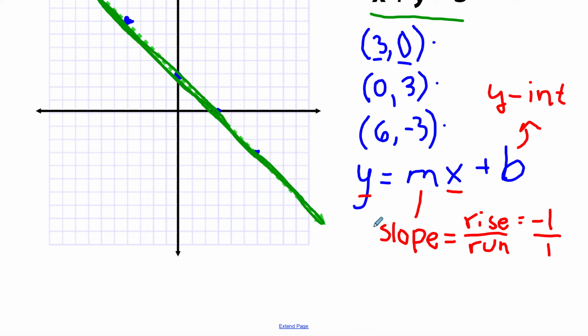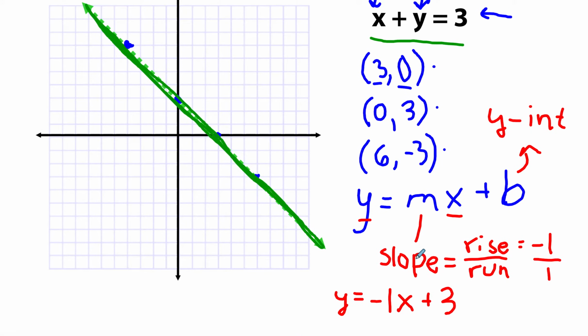So the equation of my line, if I rewrote that, would actually be y equals rise over run, negative 1 times x, plus, and what do we say our y-intercept was? Our y-intercept was 3. So this would be the equation of this line in slope-intercept form. Now we got this just by looking at the line, but also look at this.